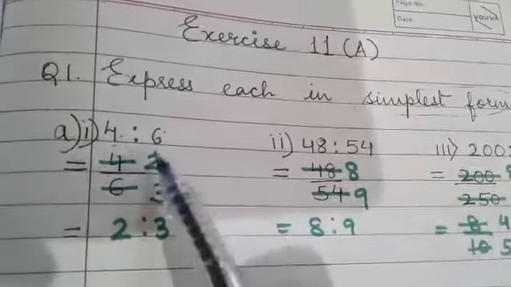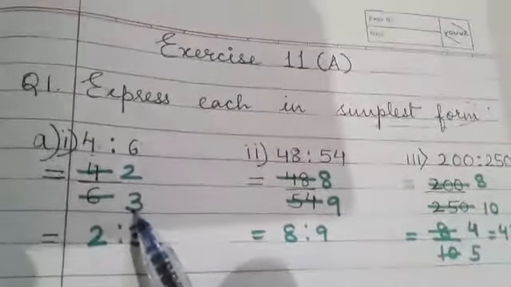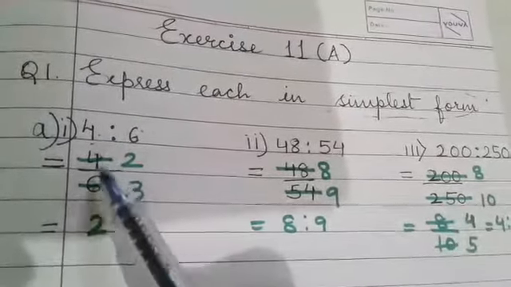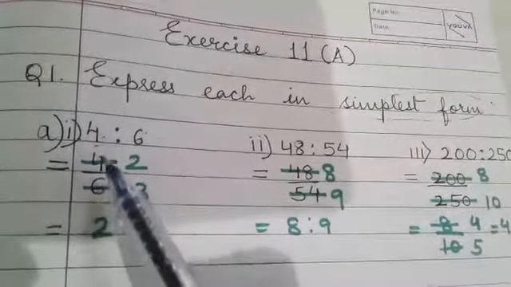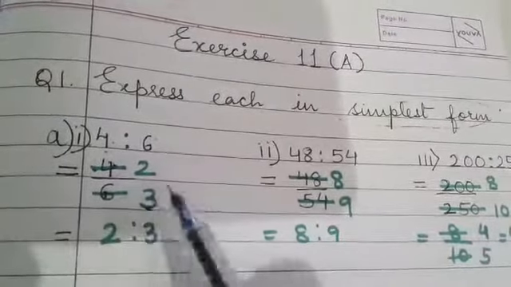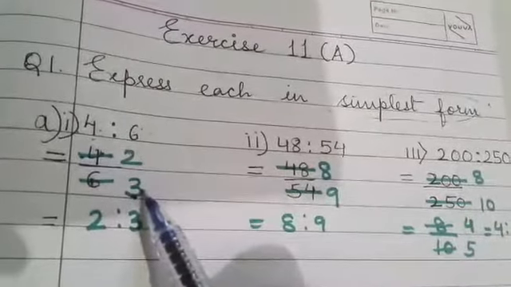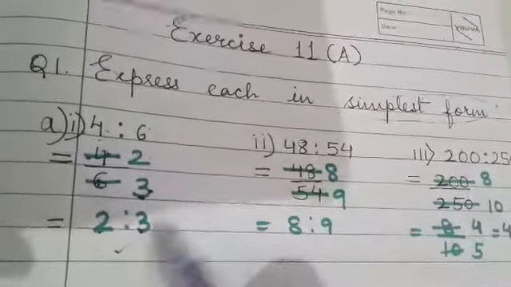So 4 upon 6, 2 2s are 4, 2 3s are 6. While doing it, you should understand that both numbers should come in any one table. Then only you can divide them. So 4 and 6 come in 2's table. So 2 2s are 4, 2 3s are 6. So 2 and 3 further cannot be divided by any one number. So 2 is to 3 is the ratio.